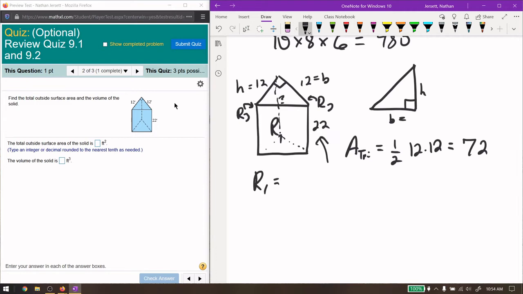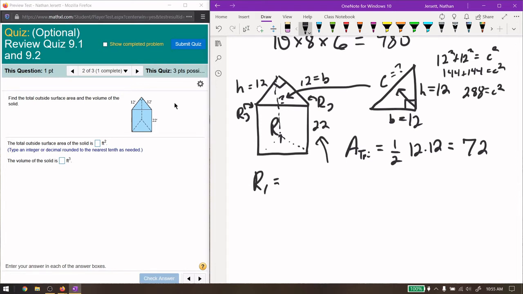But that's the same thing as using the Pythagorean theorem on this right triangle, right? We're trying to find the hypotenuse. We have 12 squared plus 12 squared equals C squared, which is the same thing as this measurement here. 144 plus 144 is 288, and take the square root of that, giving us C approximately equal to 16.97.